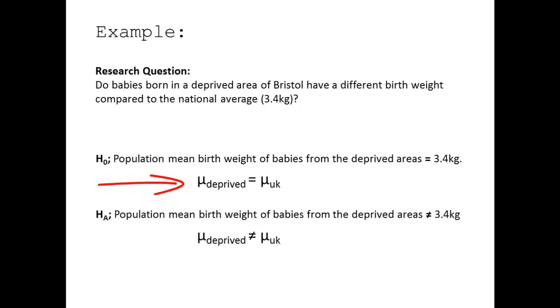So this mu stands for the population parameter that we're interested in. So the population mean of birth weight in the deprived area is equal to the population mean in the rest of the UK. And likewise for the alternative hypothesis, the population mean in the deprived area does not equal the population mean in the rest of the UK.